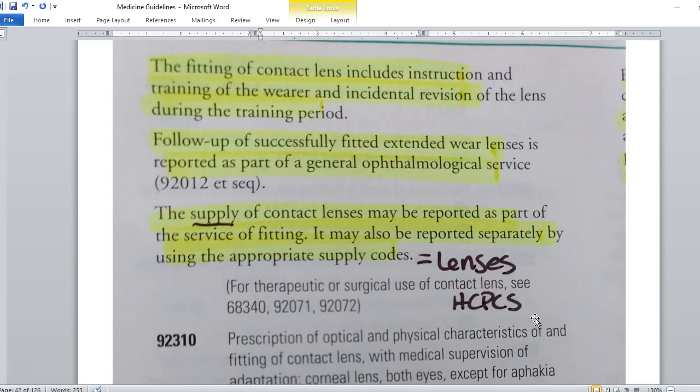So when they're talking about the fitting of the contact lens, the instruction and training makes sense, and then incidental revisions. When I was in 9th grade, I tried contacts, and the first pair made my eyes burn. I think I went through about 7 to 10 different types of contacts when I was finally told by an ophthalmologist that my eyes were just too dry and it just wasn't going to work right now.